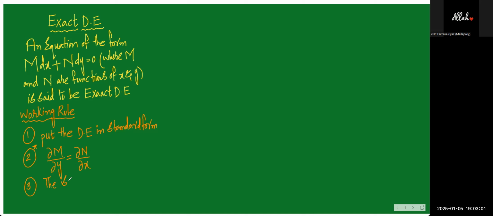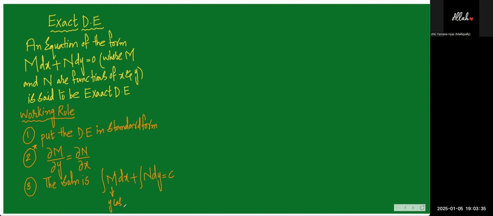The solution is the integral of M dx plus the integral of N dy is equal to a constant, but we do not simply write it like that. While integrating the M part, we have to treat y as a constant.